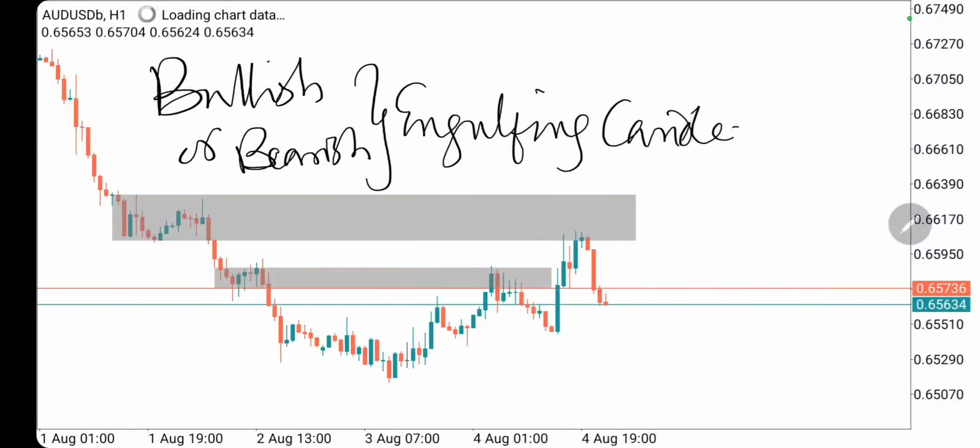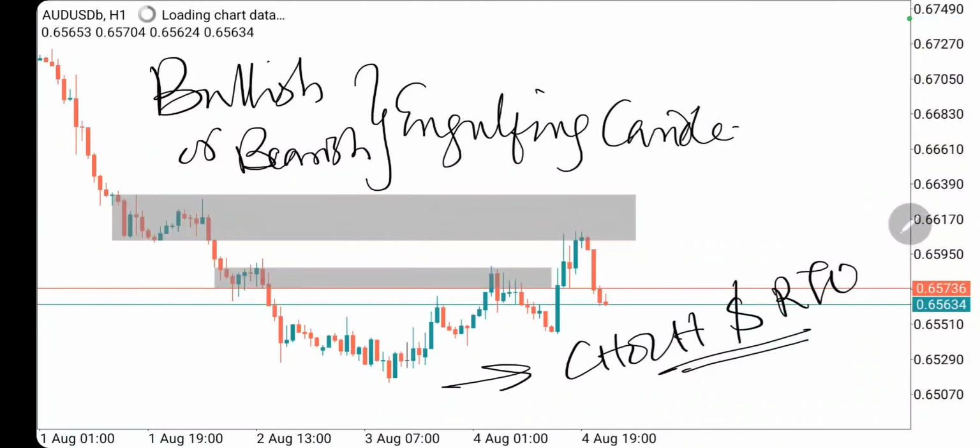Now I've told you that for a confirmation entry method, you have to look at the lower time frame for your change of character and your return to the order block before you get into the trade. This is the confirmation entry method for a lower time frame.